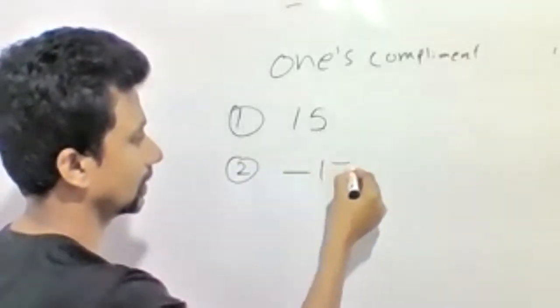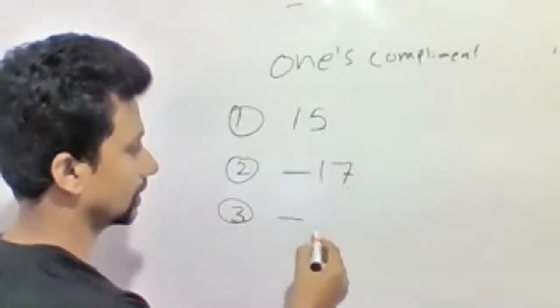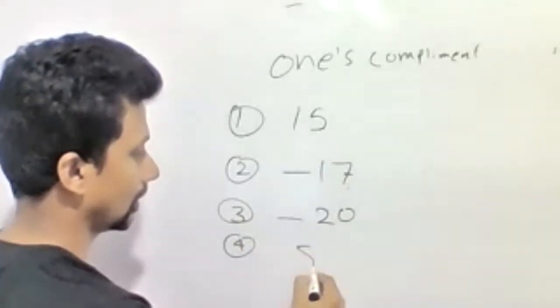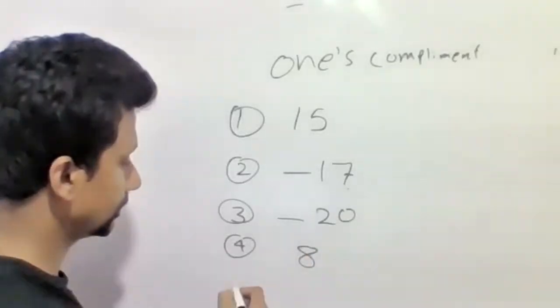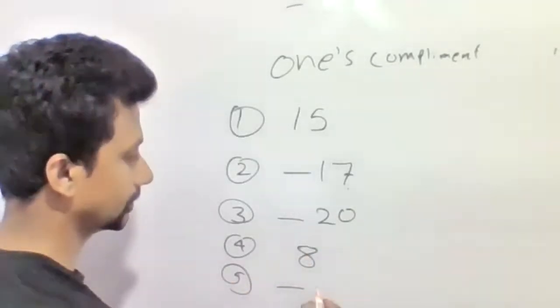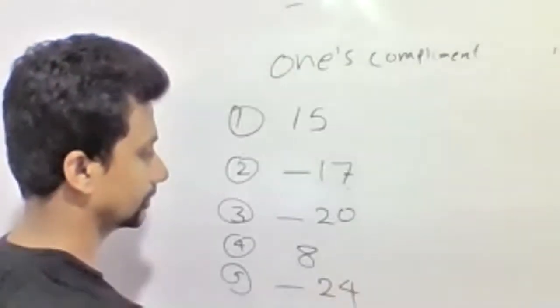Minus 70, minus 28, that is positive, minus 24.